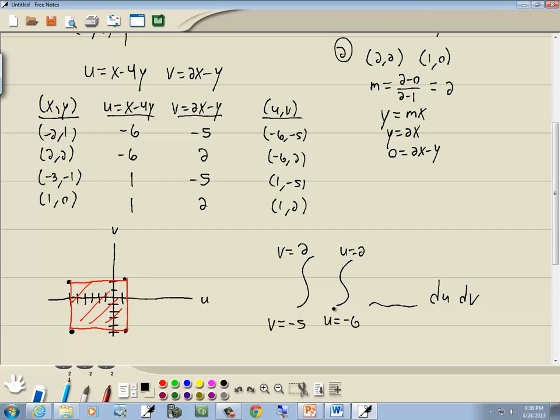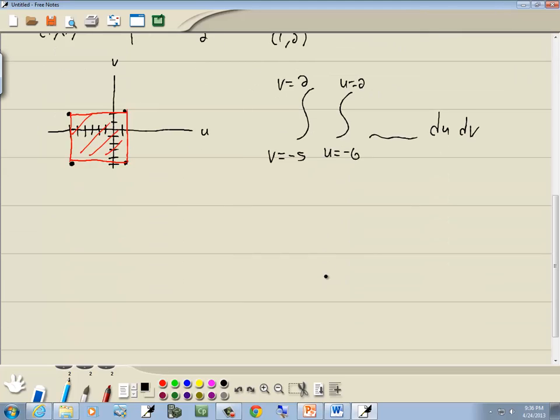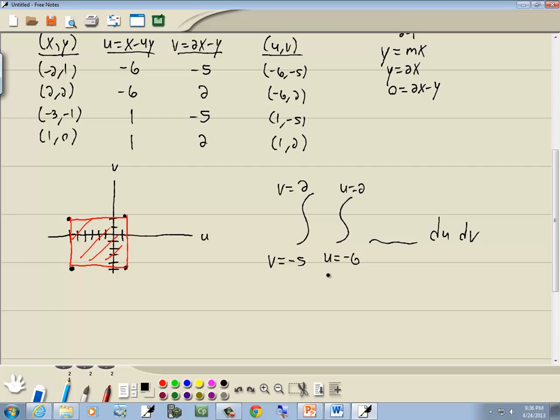Okay, so now we need to find our Jacobian. We got u is equal to x minus 4y, and we got v is equal to 2x minus y.